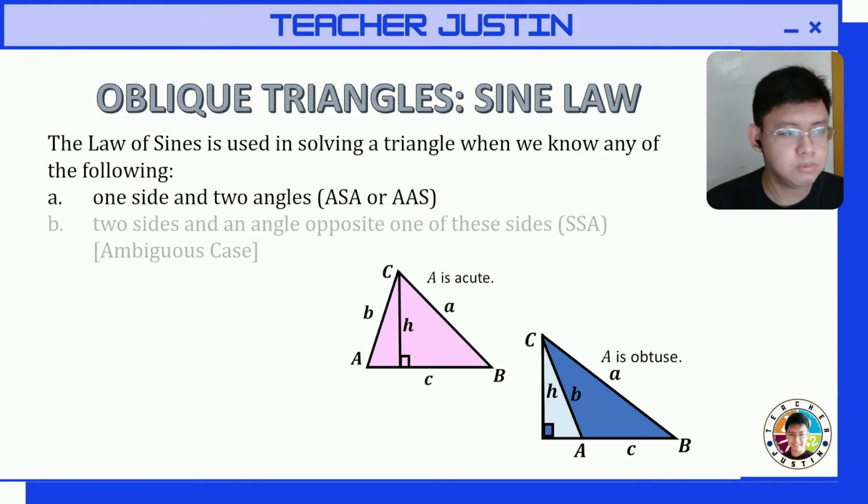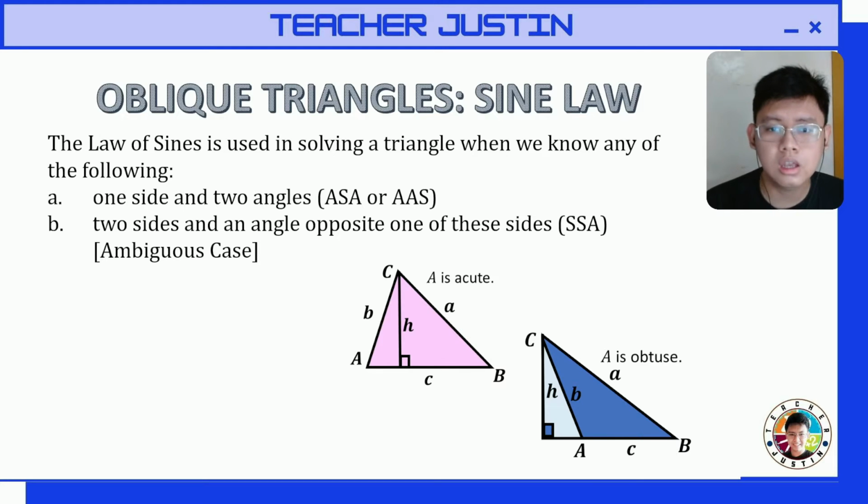Now, another condition is two sides and an angle opposite one of the given sides. So, SSA or ASS. So, dito naman sa ating second option, this is going to be an ambiguous case. So, yung ambiguous case, I will have another video for that one. But for now, let's focus on one side and two angles.